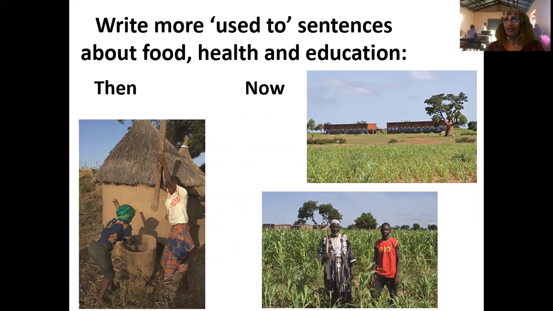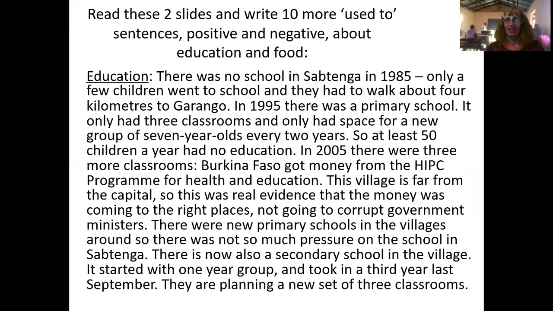Are you ready? We're going to read more about the education. I want you to read through and write a few more used to sentences as well. This slide is about education.